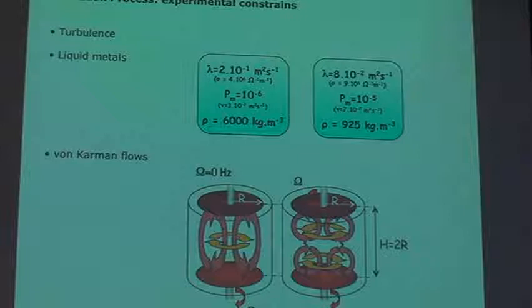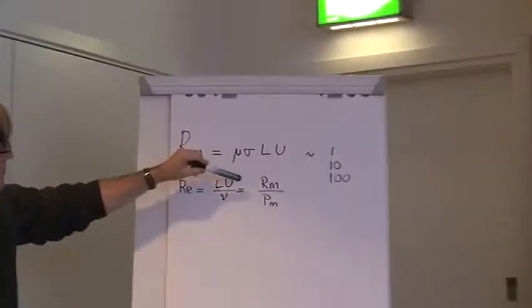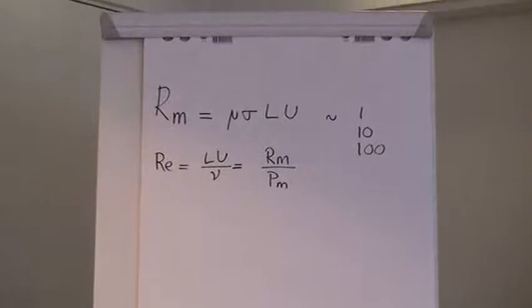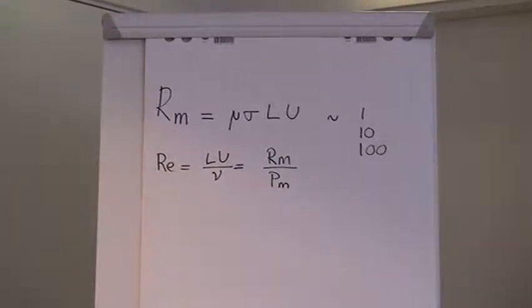But you've got to be careful about the Reynolds number of the flow, which is Lu over the viscosity, that is the magnetic Reynolds number divided by the Prandtl number. If this is anything like 1 or 10, and the Prandtl number is like 10 to the minus 5, this is like 10 to the 6, which means fully developed turbulence.